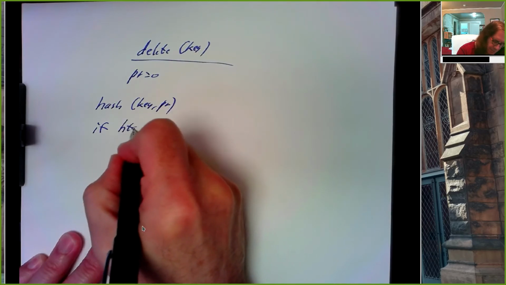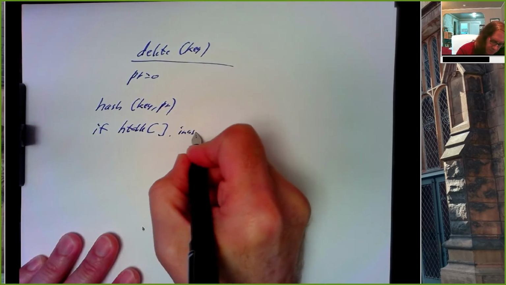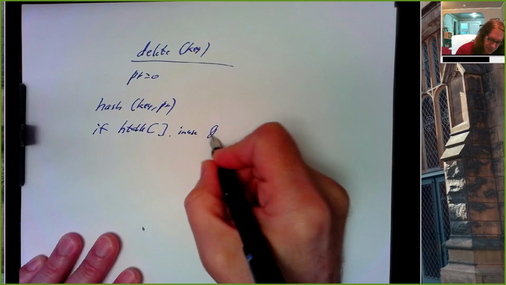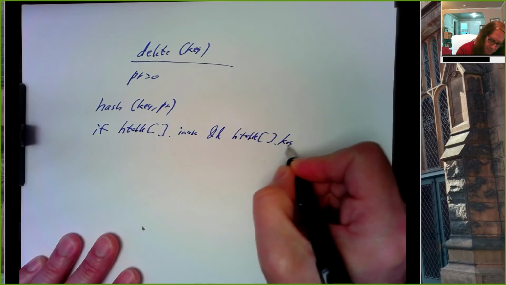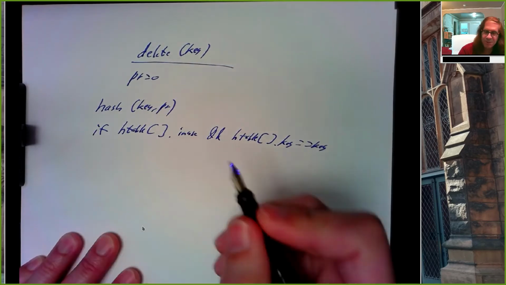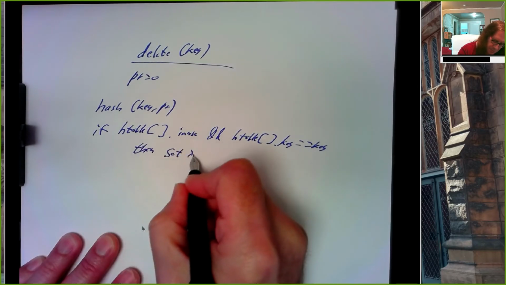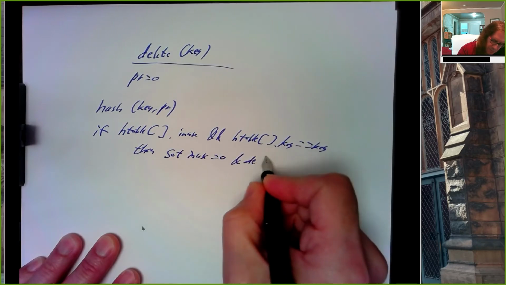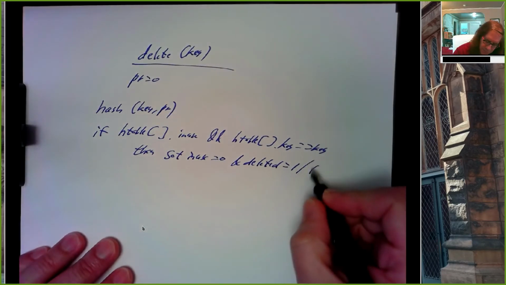If at that location in the hash table the entry is in use and the key is equal to the key, then we want to go ahead and delete it. So set the in use to 0, set the deleted to 1. And we're done.